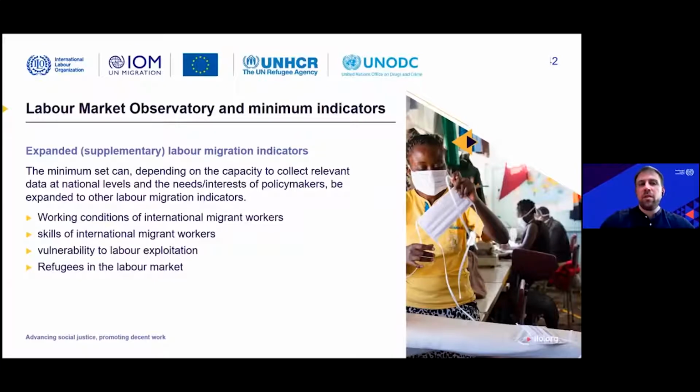But you can also think about looking at issues of trafficking for labor exploitation or even forced labor figures as a way of tracking information on the vulnerability to exploitation.